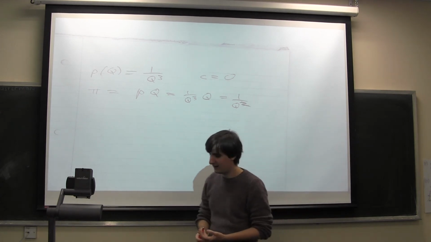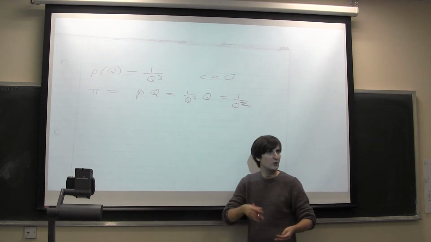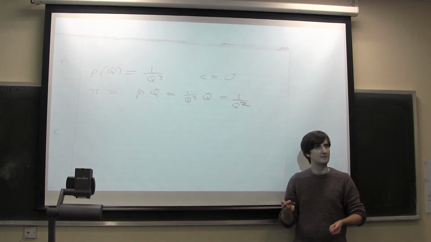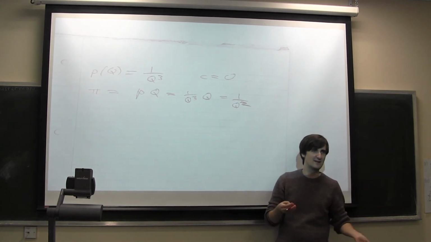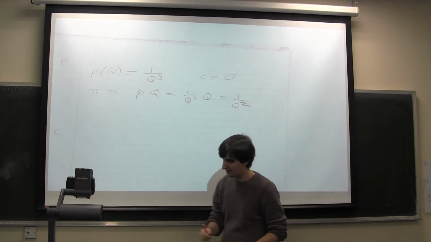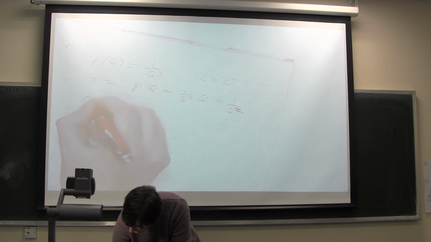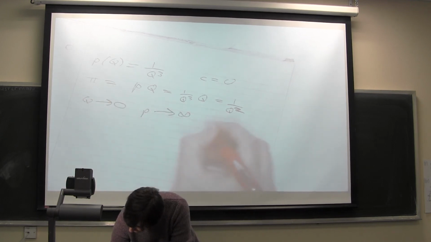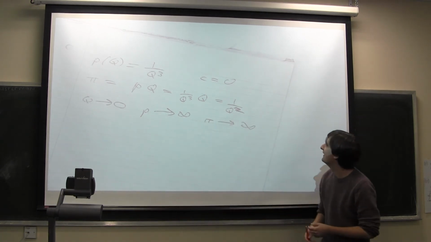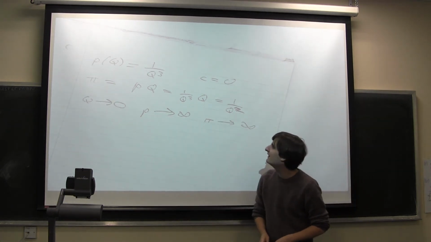So if you like, suppose Q was an equilibrium, then the firm would have a profitable deviation to Q over 2. That's one way to think about it. So at the optimum, Q goes to 0, price goes to infinity, profits go to infinity. I'm not sure there's much more to write.